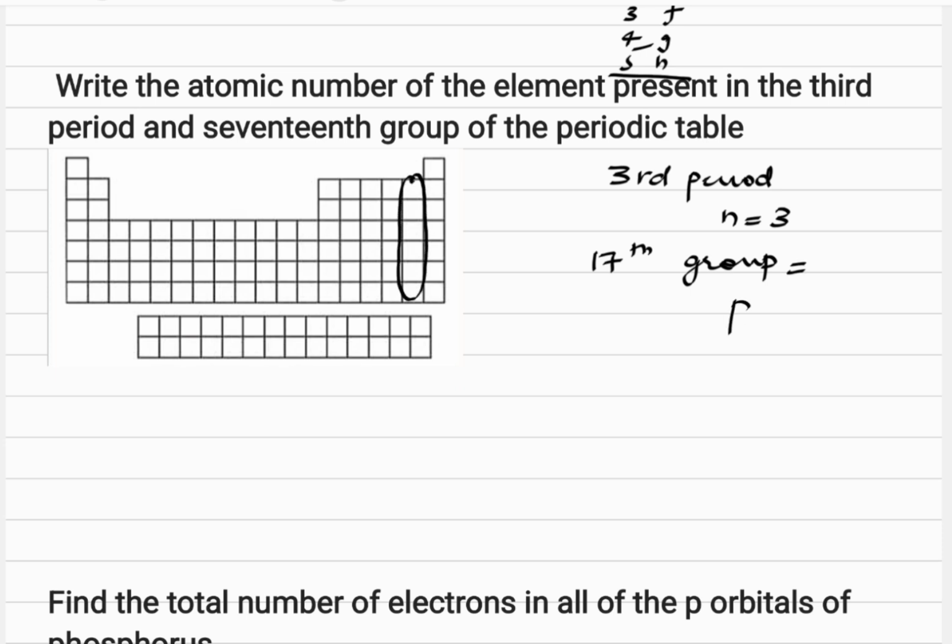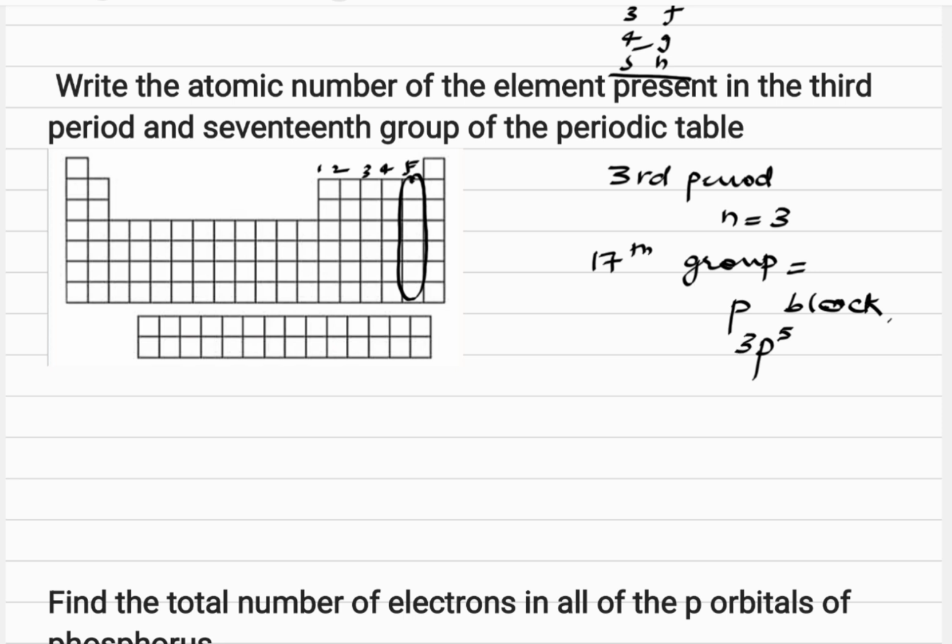That means p block, the second last, and in p orbitals we can fill a maximum of 6 electrons, but here the p orbitals are filled only till 5. So that means it's p5: 1, 2, 3, 4, 5. And the value of n is 3, so it comes out to be 3p5.